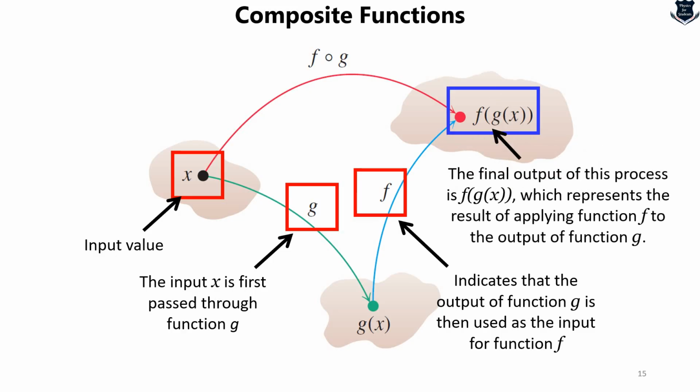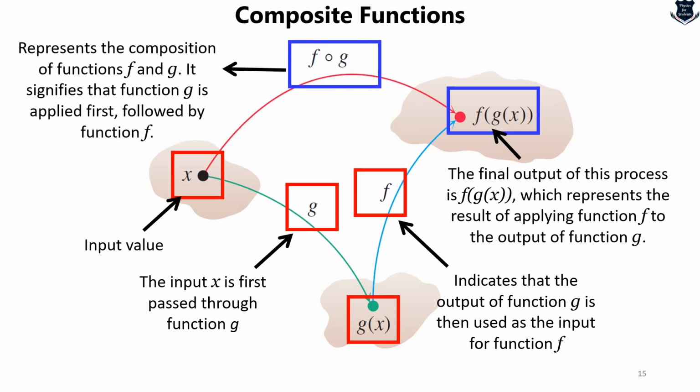So this was a linear one. I have put this as a kind of cloud composition so that it looks better. So g of x, and then we get f composite g, and it signifies that function g is applied first, followed by the function f. Same concept of composite functions, but in two different pictorial representations.